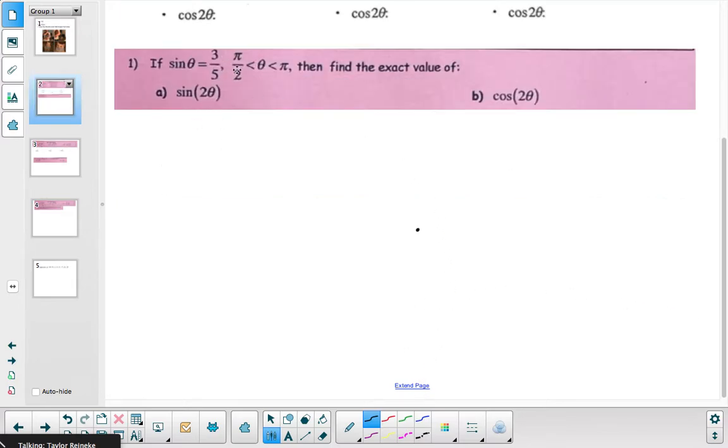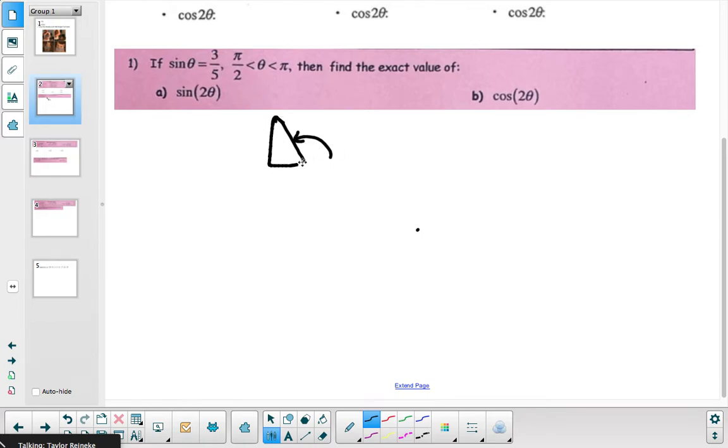All right, so this is a similar situation to the problems that we've had in the past, where we need to find sine of 2 theta, cosine of 2 theta, given one identity and also the quadrant that the angle exists in. So the quadrant we're working with is between pi over 2 and pi, which just means that cosine is going to be negative.